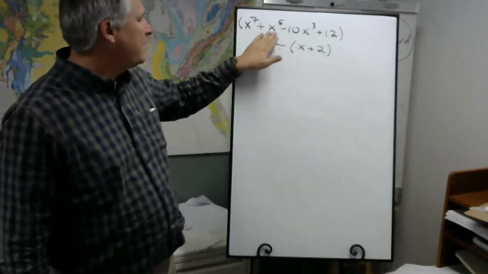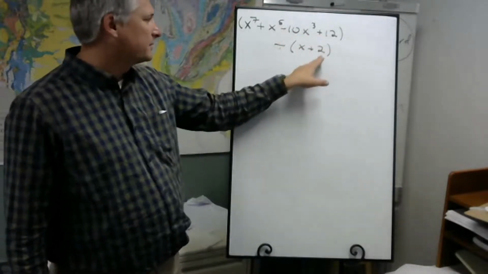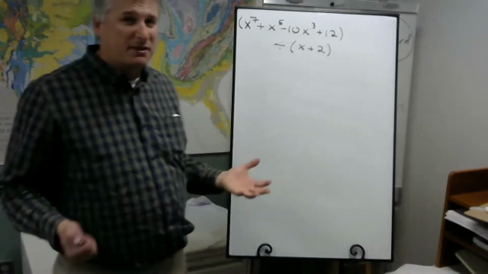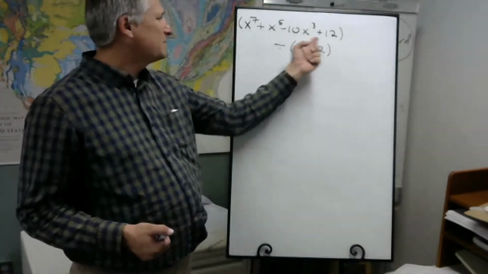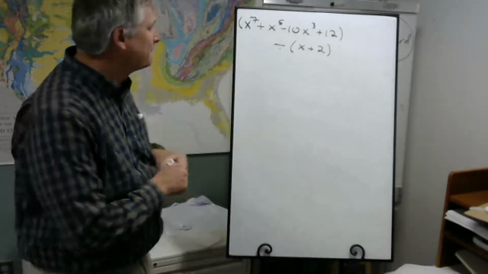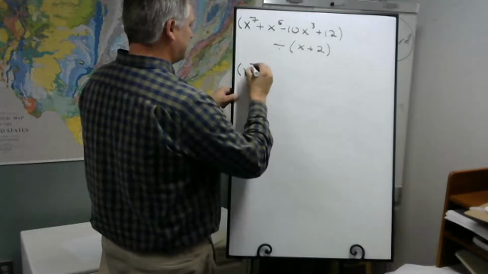Degree 7, degree 5, degree 3, degree 1, degree 0. And we're going to use synthetic division. Now, we want to be careful. We're missing some terms in this top polynomial, so we need to put in some placeholders.